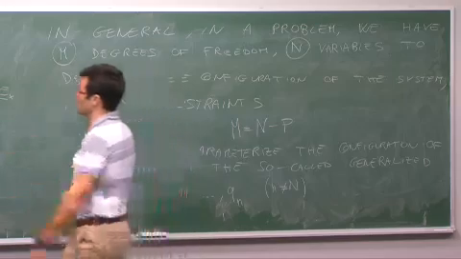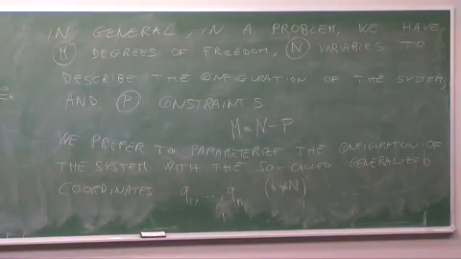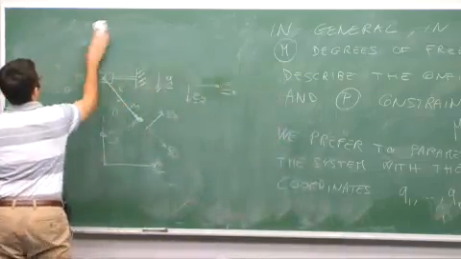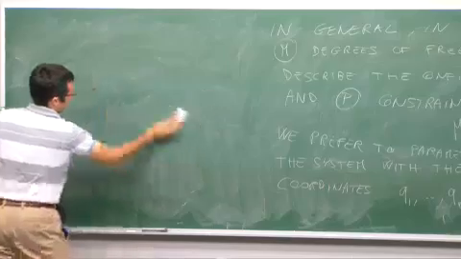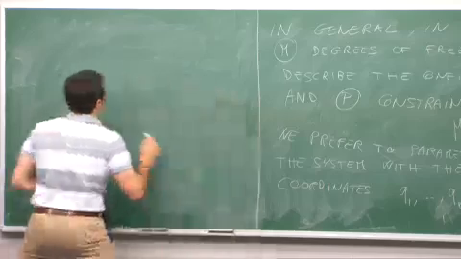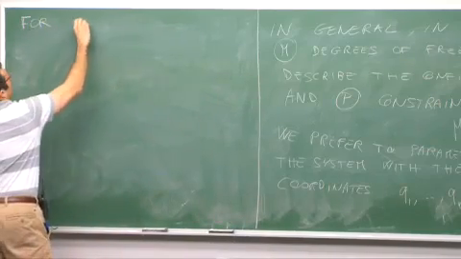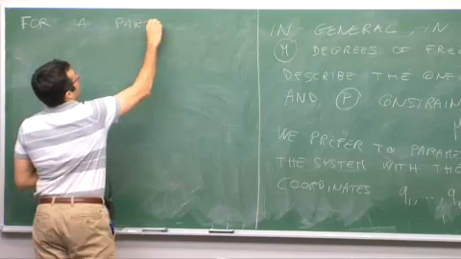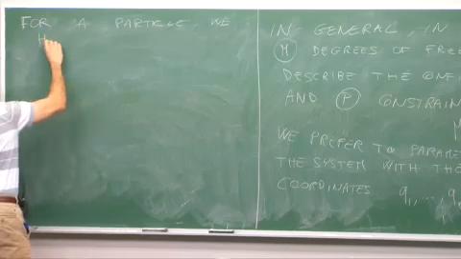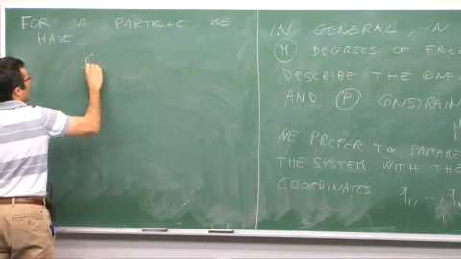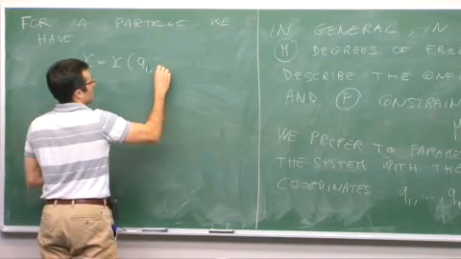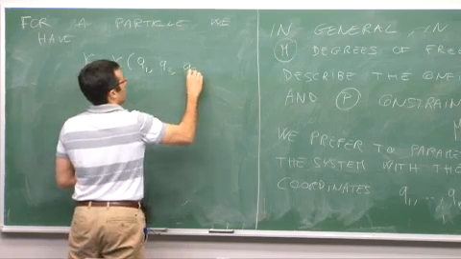So in this case, my Q was the angle theta, right? I only had 1 Q. And since I'm going to stick with a single particle, this is what I have. For a particle, we have that R is going to be a function of Q1, whatever that is, Q2, Q3 at the most, right?